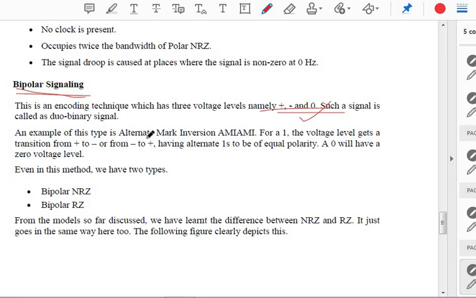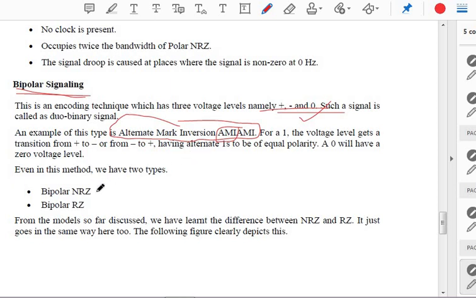This technique is also called alternate mark inversion, or simply AMI line coding. In this line coding, the first 1 is represented with high positive voltage and the next 1 is represented by negative high voltage, and bit 0 is represented as 0 voltage.